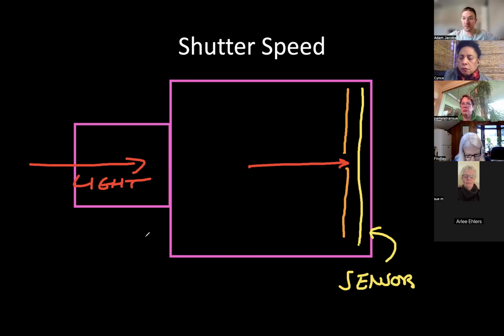If you open your curtains and close them really quickly, you're not going to let much light into your bedroom. If you open them and you count to 50, tons of light is going to come in, and then you close them again. So it controls the amount of time that light has to get to the camera sensor.